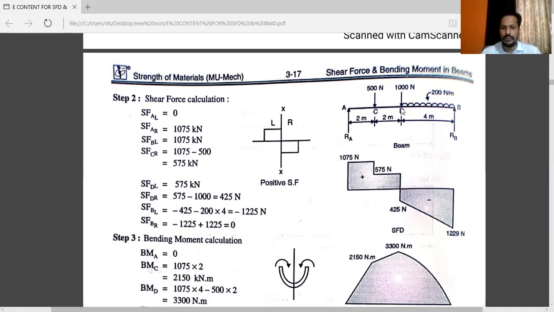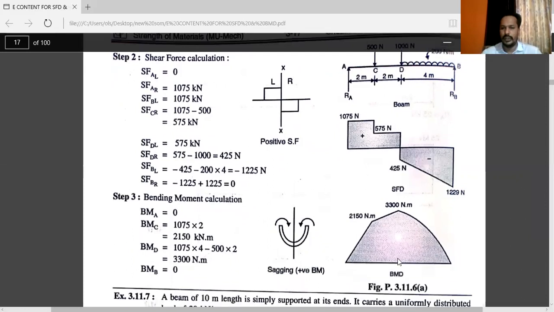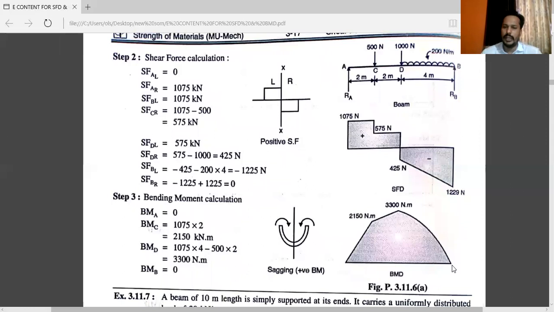So 500 into the perpendicular distance from D, that is 2. So bending moment at point D is 3300 Newton meter. And as we know, at end point B the bending moment will be 0. You have to locate points C and D.